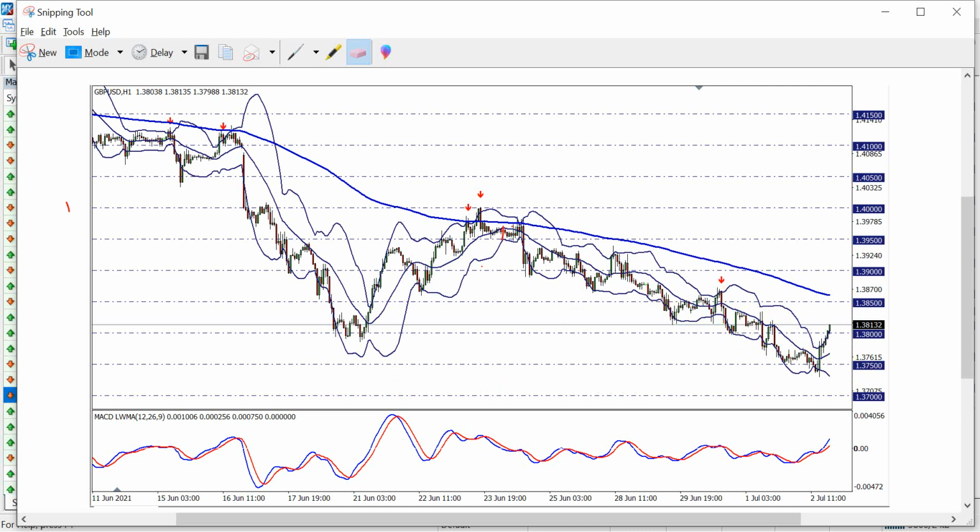But the only thing that really helps me over here is that we had this round number level and this round number level, and as you can see, price reacted to that round number level. So again, this one would have been a no, this one would have been a yes, this one would have been a yes. I would have already been in this trade, so that doesn't count, and this one would have been a no. And then, as you can see in this example, all three trades would have been profitable outcomes.